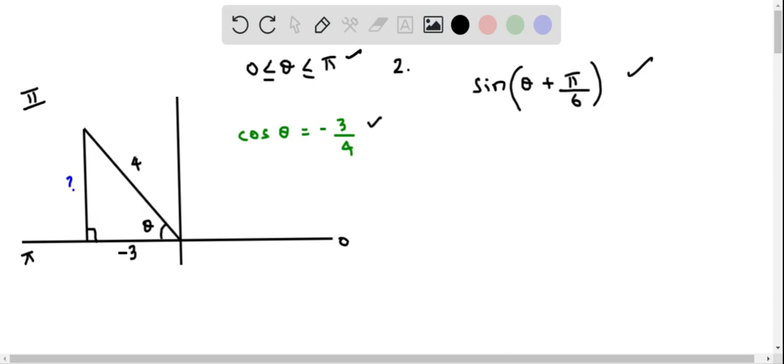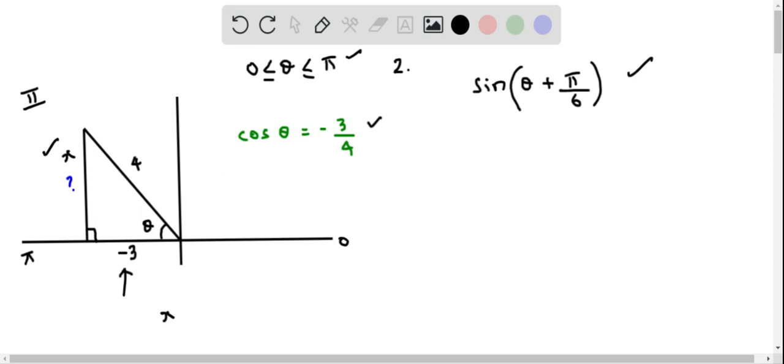So here I have constructed this right triangle first and marked this angle as theta. And using this information, cosine theta equals negative 3 by 4, we can mark the adjacent side to theta as negative 3, and then the hypotenuse as 4, because cosine theta equals adjacent side over hypotenuse. And that means we can now find the length of this unknown side using the Pythagorean identity. So let's say that this one is x.